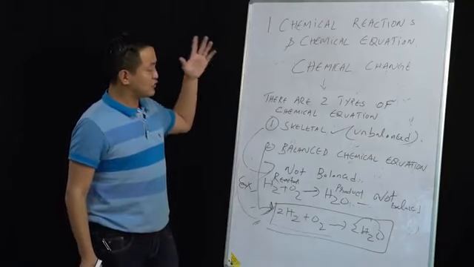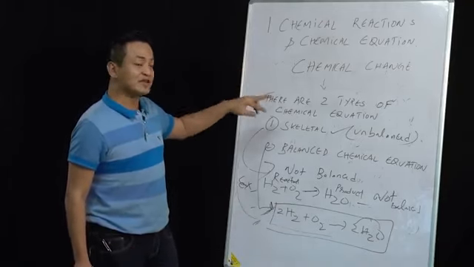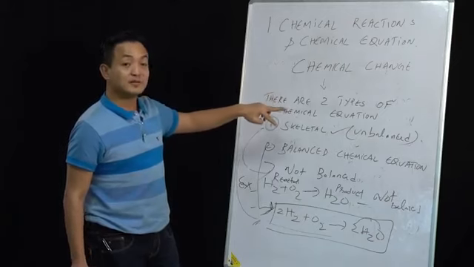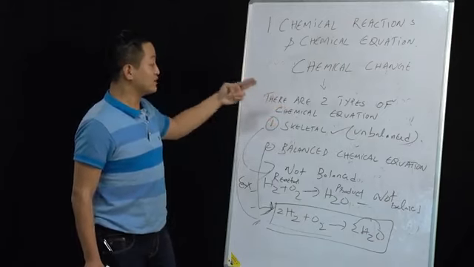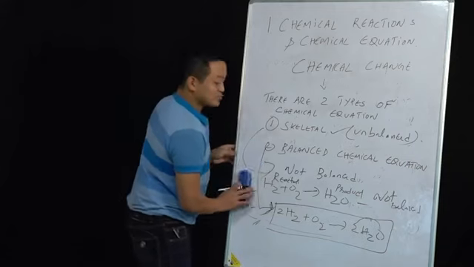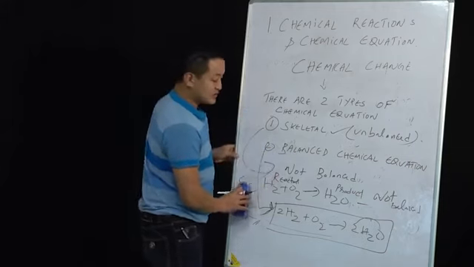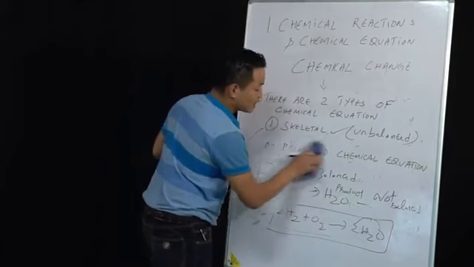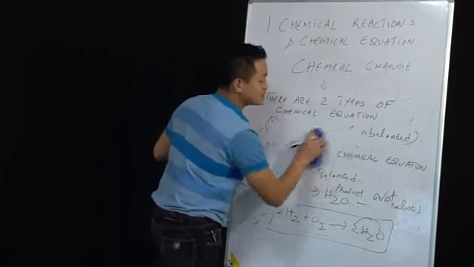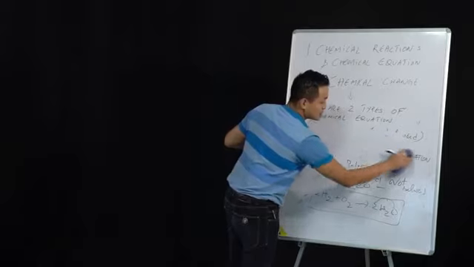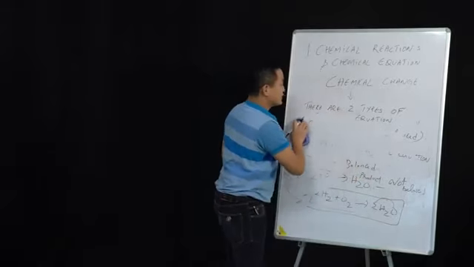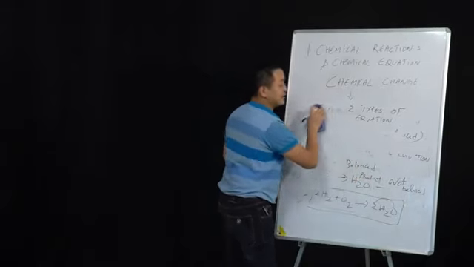I'm sure you are clear with the basic difference between the skeletal and balanced chemical equation. If you are clear with this, we'll go to the next question: why do we have to balance a chemical equation? The answer is very simple.